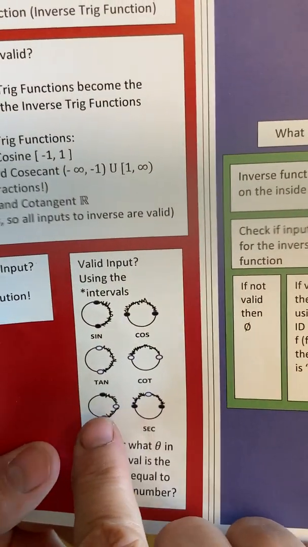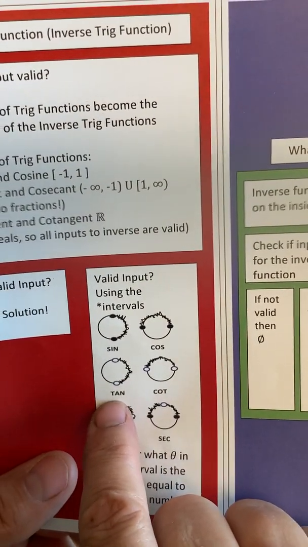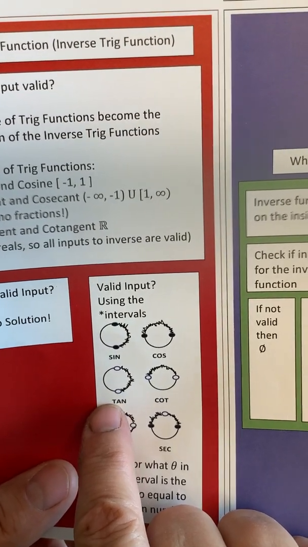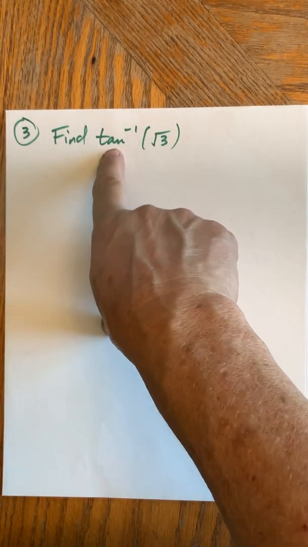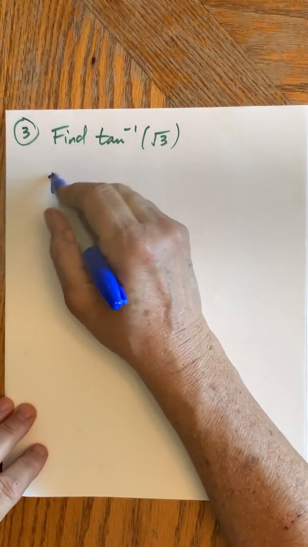So now I say, for what angle, somewhere between -pi/2 and pi/2, not including the endpoints, is the ratio y over x equal to square root 3? Right? So here it is.